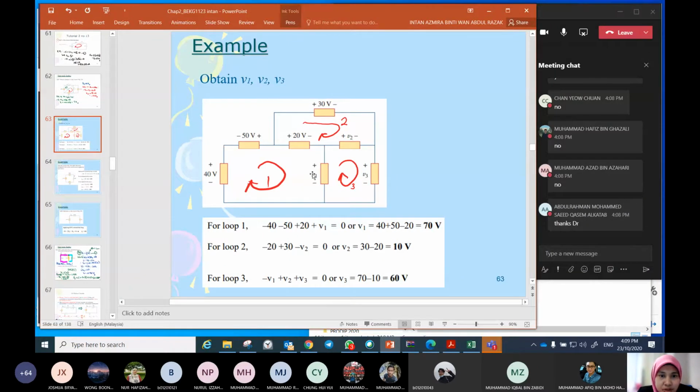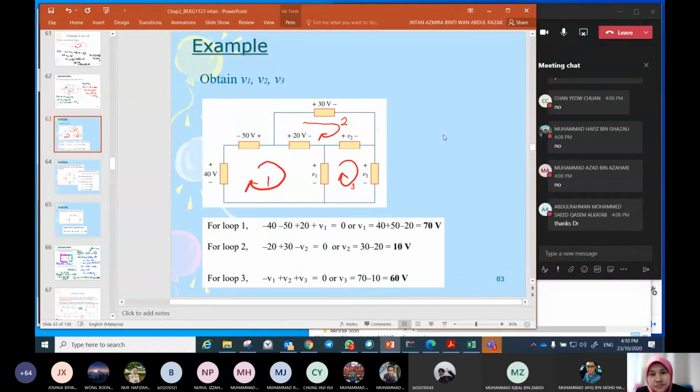In loop 2, minus 20 plus 30 minus V2 is equal to 0. We get V2. In loop 3, we have V1 here. So minus V1 plus V2 plus V3 equal to 0. And we will get V3 is equal to V1 minus V2, we get 60.